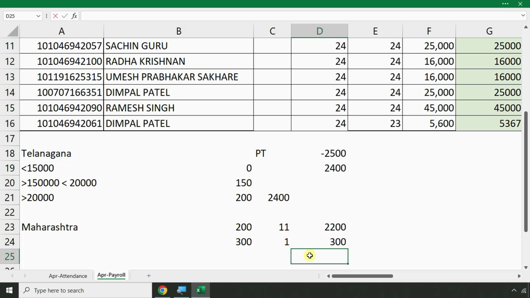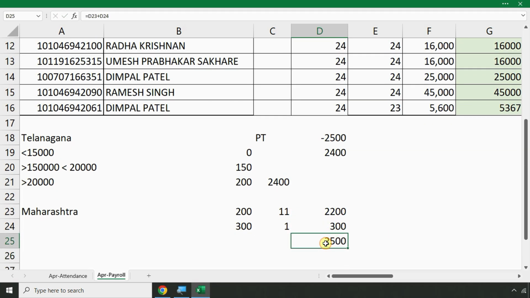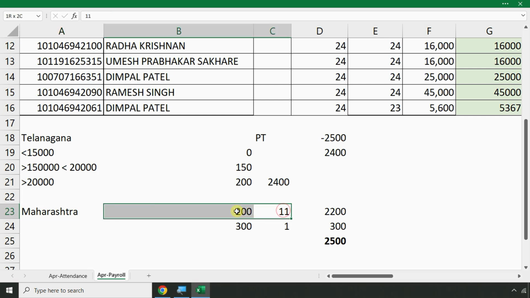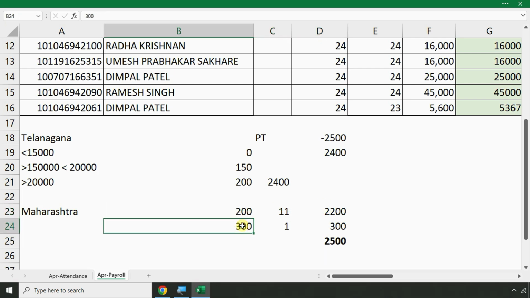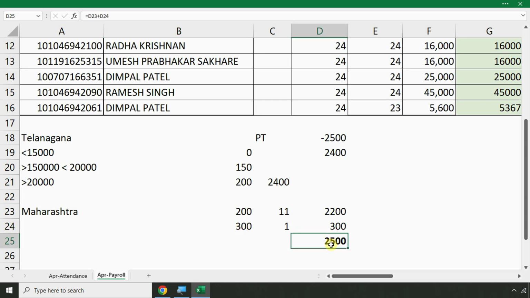So altogether, the professional tax will become just to use the maximum eligible amount, to collect the maximum amount. Telangana government collects the maximum amount of 2,400. Maharashtra government will collect for the first 11 months 200 per month, so total 2,200. Only for the last month they will collect 300 as professional tax to meet the maximum ceiling limit.